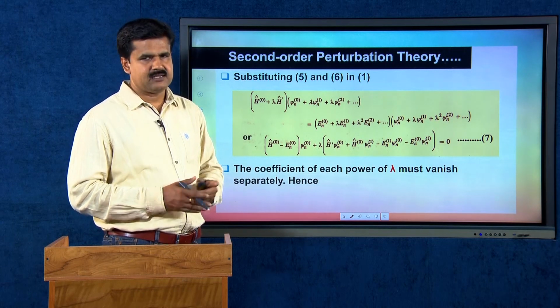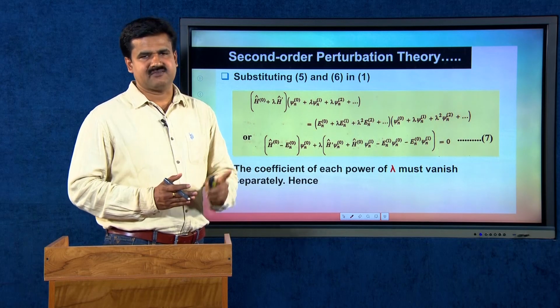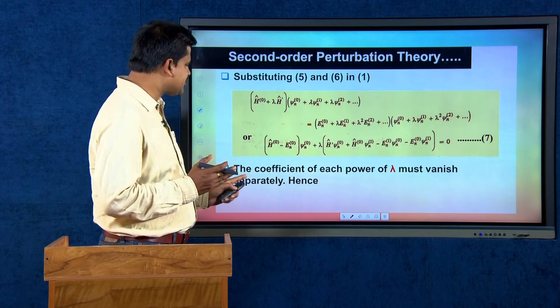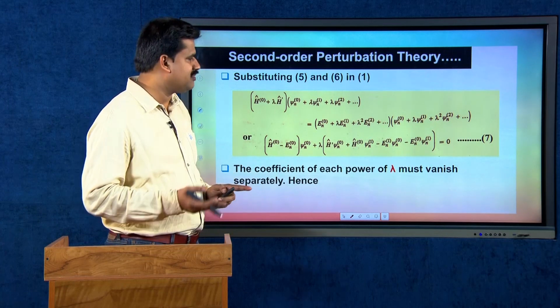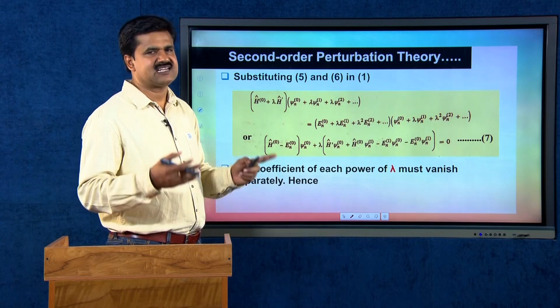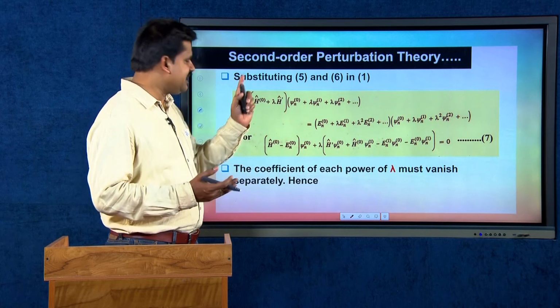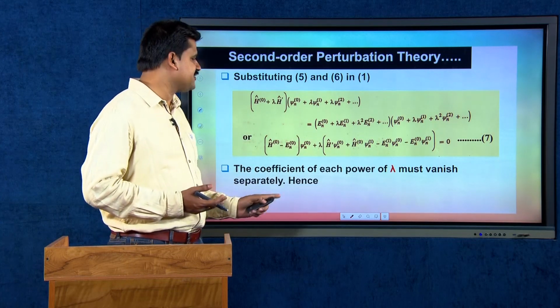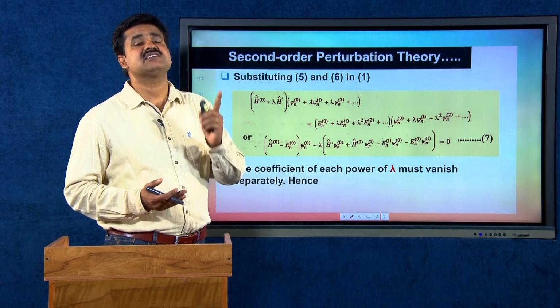Now we have to focus on equation 7 and the coefficient of each power of lambda: the first power, the 0th power, the second power, etc. In equation 7, the coefficient of each power of lambda must vanish separately.